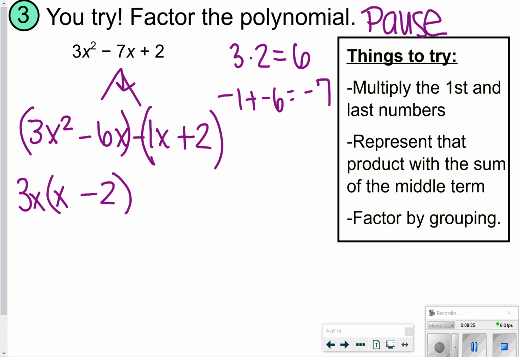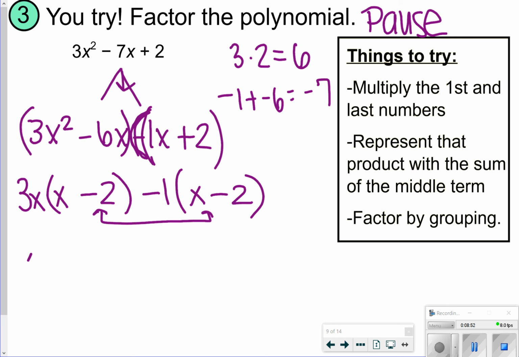And then from the second group, I'm going to factor out -1, which would make it x minus 2 as well. Now that I notice I have a matching binomial, and if you didn't have the matching binomial, you would want to go back and try to figure out where you went wrong, so that you do have that matching binomial.